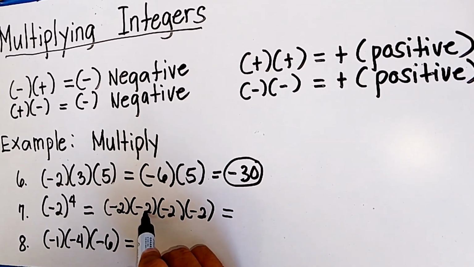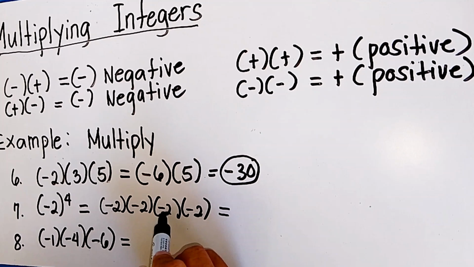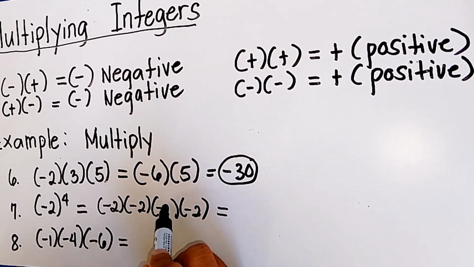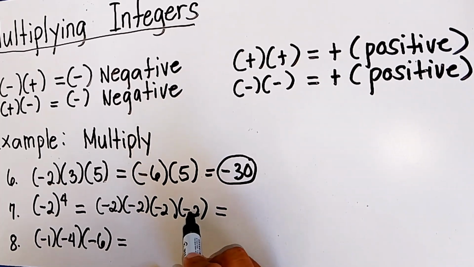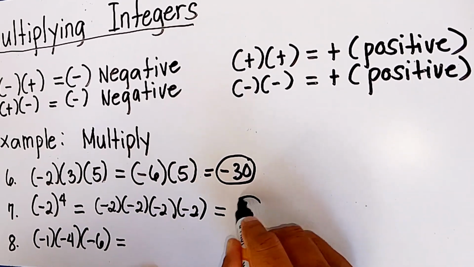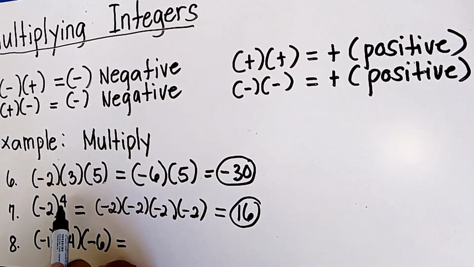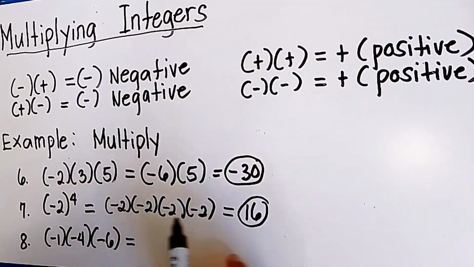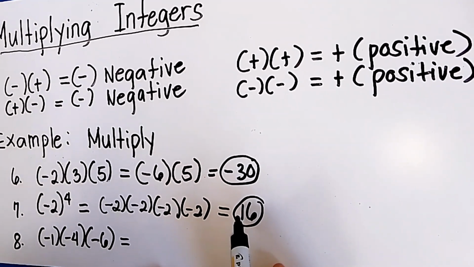And then positive 4 times negative 2 is negative 8. And negative 8 times negative 2, that is positive 16. Or simply, when we see here that the exponent is an even number, the answer is always a positive.